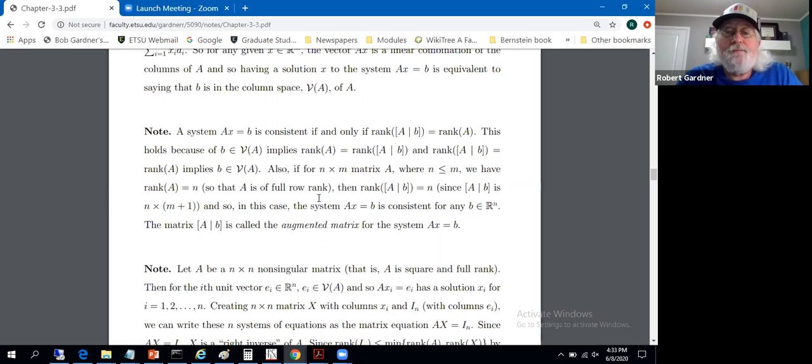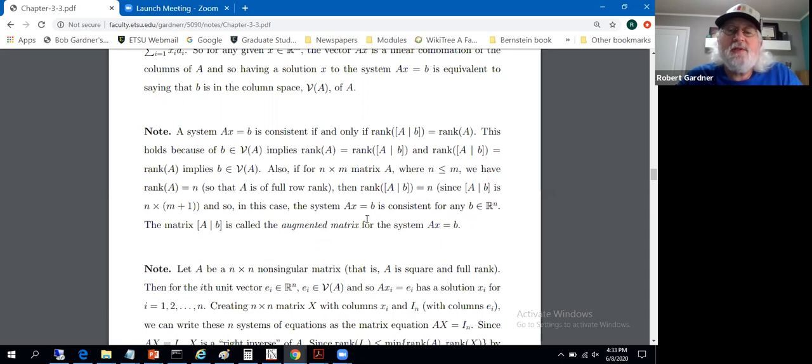Alternatively, if we've got full row rank, then if I don't add rows, I can't increase the row rank by adding columns. And so the rank's going to stay the same. Adding extra columns accomplishes nothing. Adding extra rows could change the row rank.